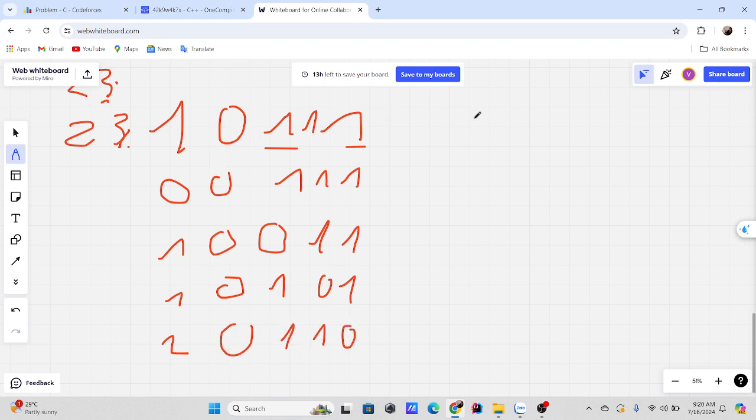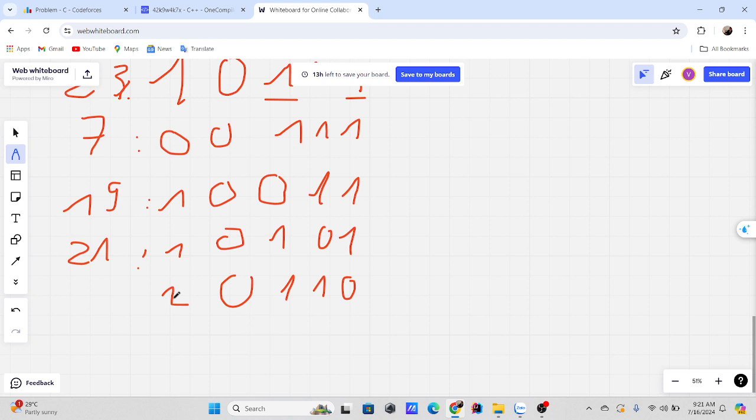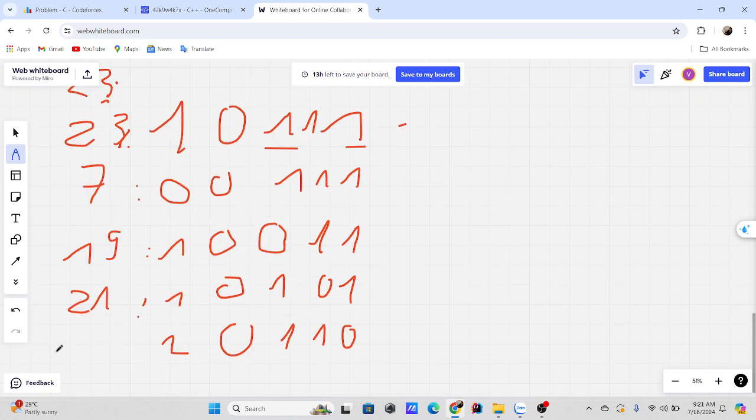So let's see what the decimal form of all those integers are. So this is 23, right? And this will be 1, 2, this will be 7, this will be 16 plus 2 plus 1, this will be 19, and this will be 16 plus 4, it's 20, 21, and the last one will be 22, right?